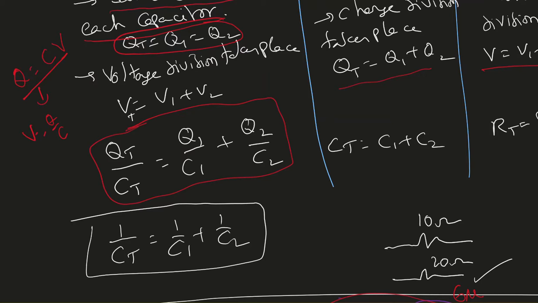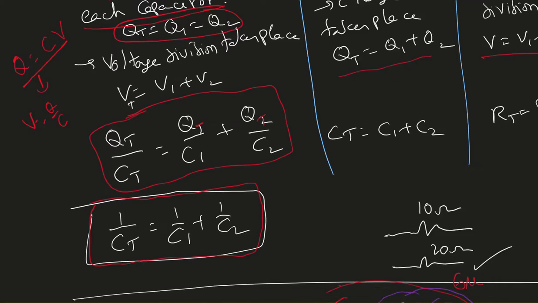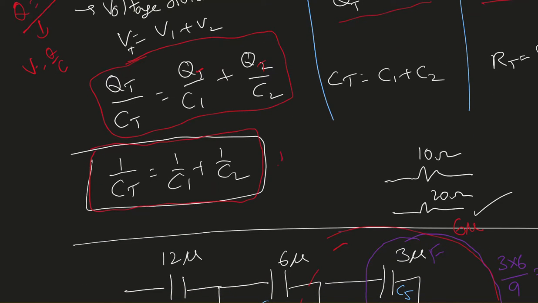So the Q totals cancel out each other. 1 over C total equal to 1 over C1 plus 1 over C2. So when capacitors are in series, instead of direct addition, you use 1 over C total equal to 1 over C1 plus 1 over C2. When I simplify this, C total equals C1 times C2 over C1 plus C2. This is our total capacitance value.